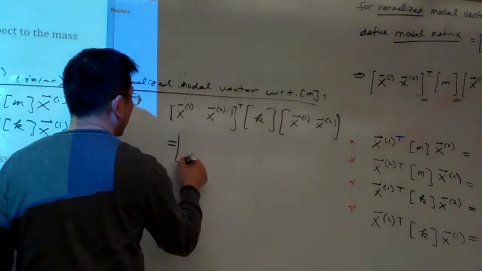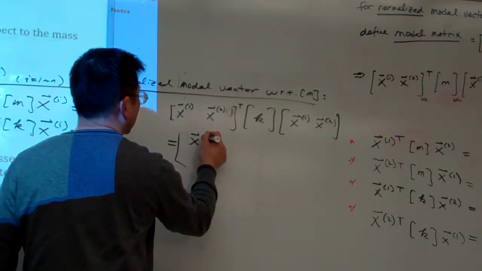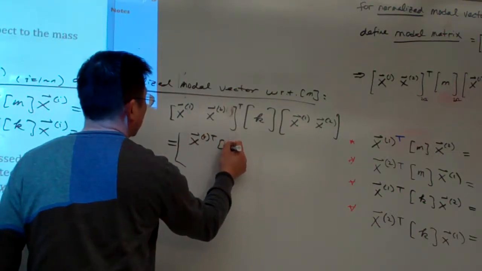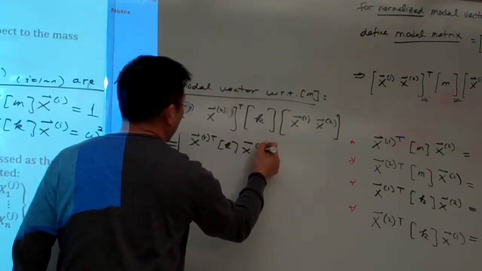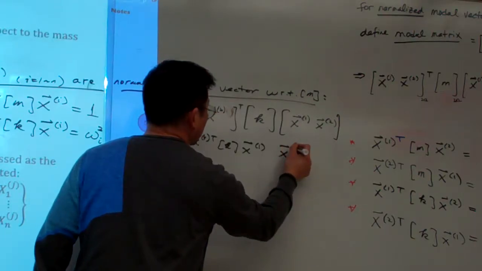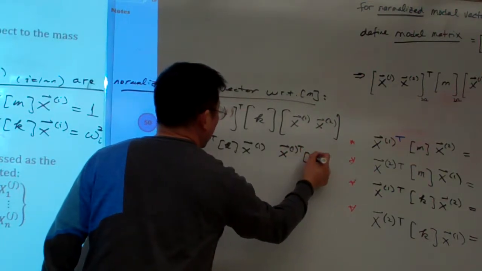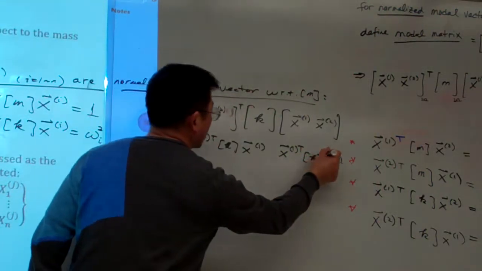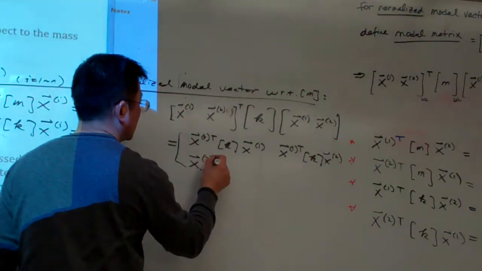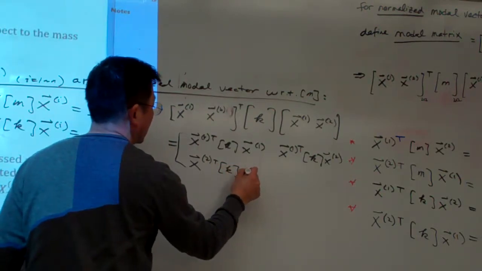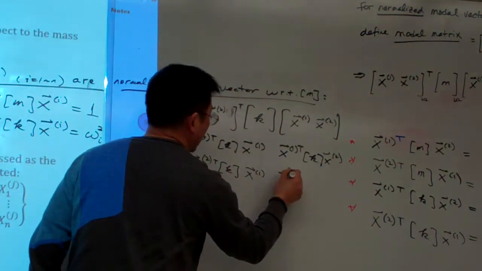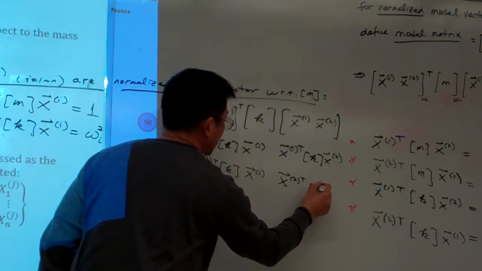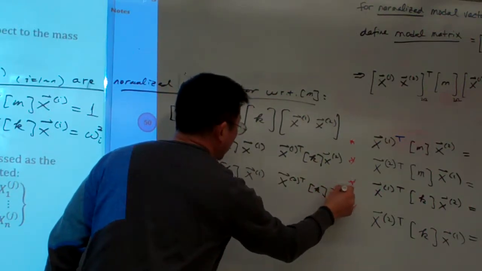That one can become X1 transpose K X1, and X1 transpose K X2, and X2 transpose K X1, and X2 transpose K X2. Sorry, a lot of writings.